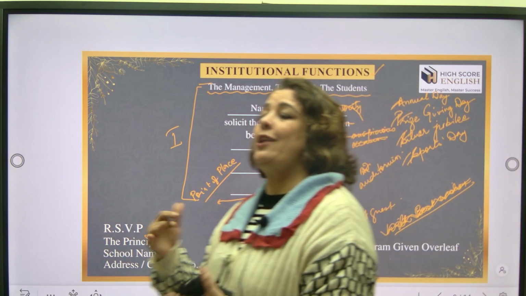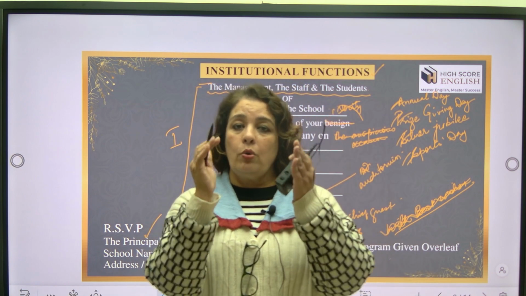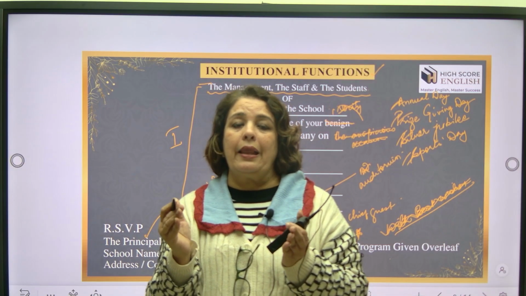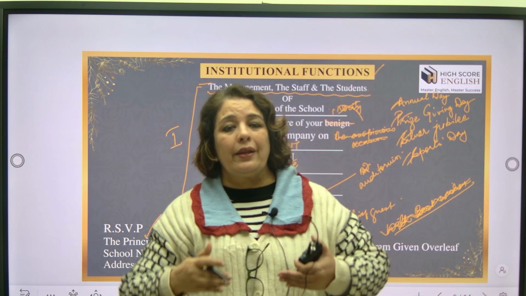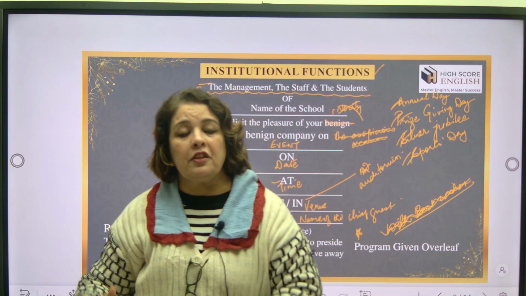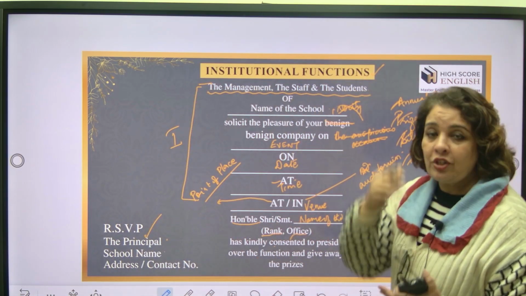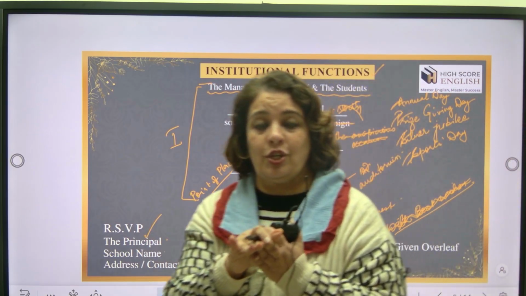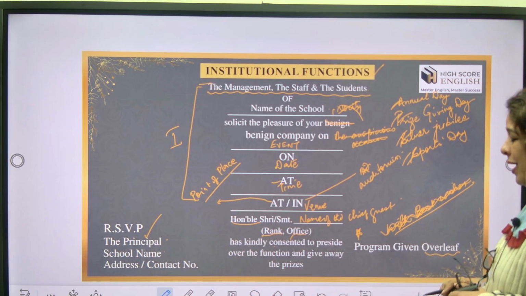On the back side of the card, the list of the program is given, that is, the opening item, you can say lighting the lamp, Ganesh Vandana, then 1 or 2 events, then the welcome speech, the prize giving, the thanksgiving. All these things, the order of the function, are given on the back side of the invitation, that is overleaf. This is what you have to do.